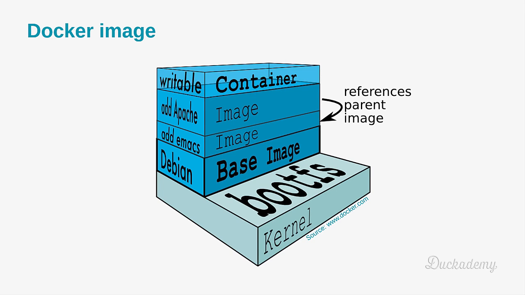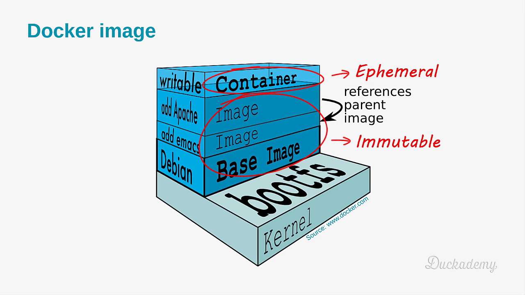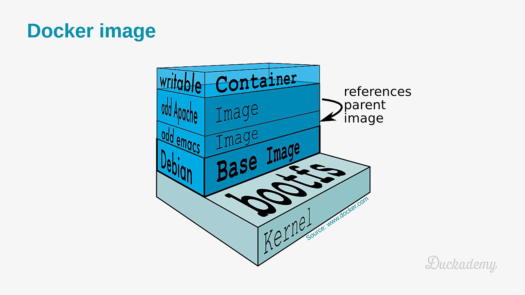Right now, all you have to know is that Docker containers are coming from images, and these images are immutable. And the containers are ephemeral, or the read-writable layer of the containers is ephemeral. So if you remove a container, everything that has been written into this read-writable layer will be lost.